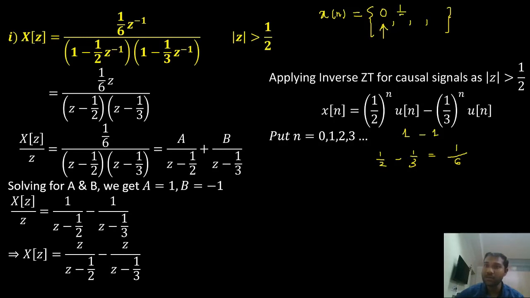Now similarly, if I put 2, I'll get 1 by 4 minus 1 by 9, right? That means 36, that is 9 minus 4, I'll get 5 by 36. Then if I put 3, I'll get 1 by 8 minus 1 by 27.